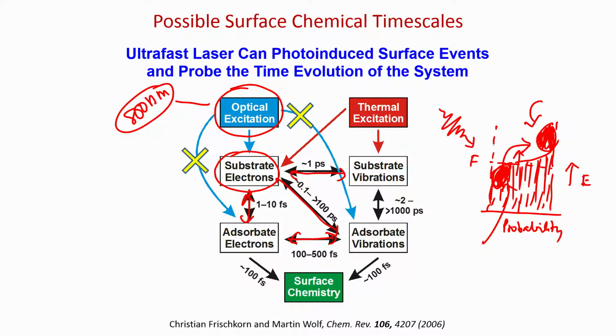They can overlap in terms of time, and in the end, once we have deposited energy to the adsorbate electron or adsorbate vibration, then we observe the surface chemistry, because surface chemistry is nothing but the chemistry going on in the molecules which are adsorbed on the surface.